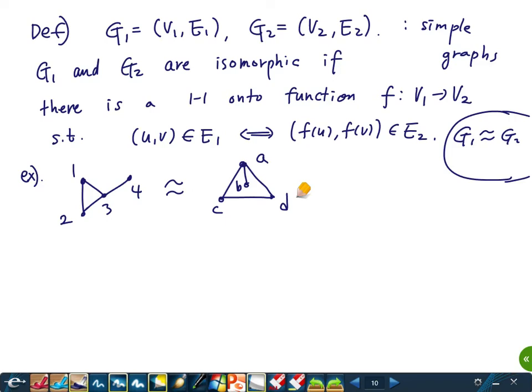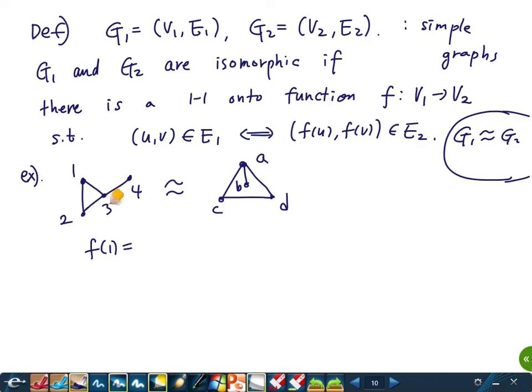To show that two graphs are isomorphic, you need to find the bijection f from one vertex set to another. In other words, you have to make a correspondence between the vertices. So 1 corresponds to some vertex here, 2 corresponds to some vertex there, etc. How do you want to make the correspondence? So f(1), what do you want to say about this?